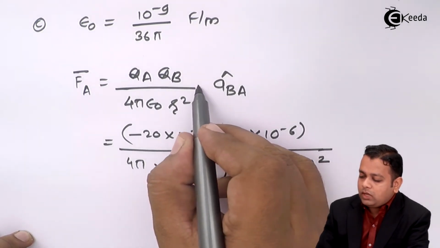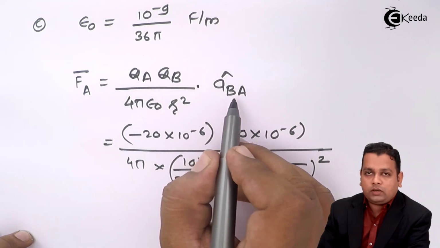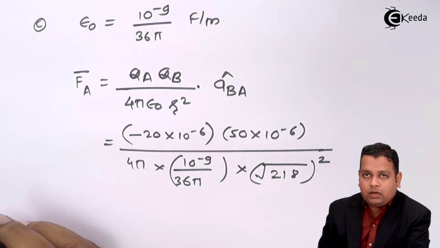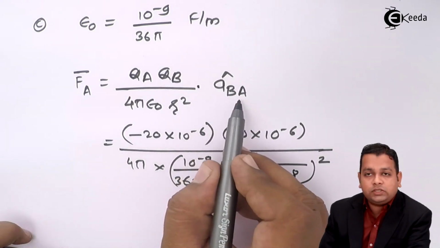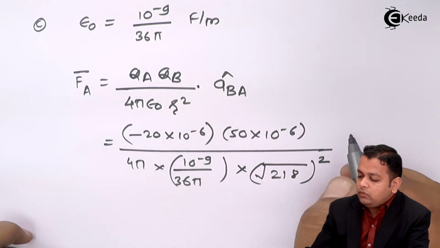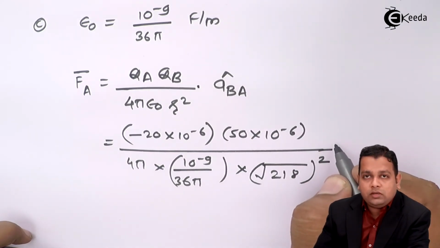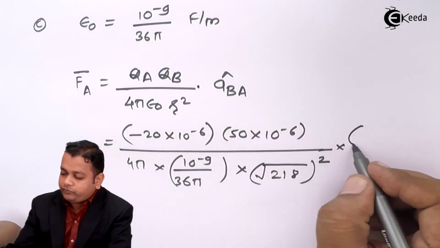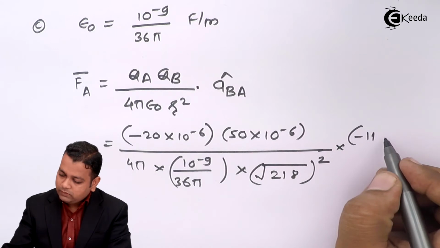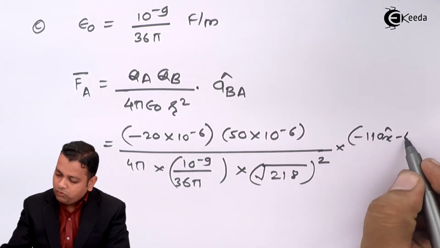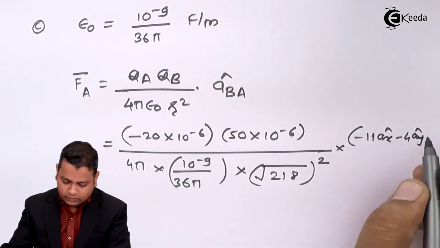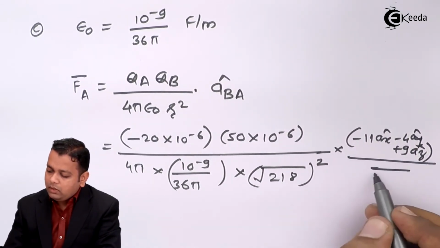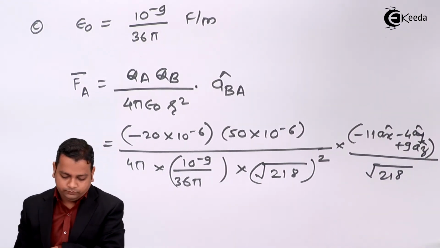Now we have to take this unit vector A suffix BA cap. We have determined the vector RAB bar. So it has the reverse direction B to A. That is why we take multiplication of negative sign to that particular vector divided by its magnitude. So here we multiply minus 11 AX cap minus 4 AY cap plus 9 AZ cap divided by under root 218.